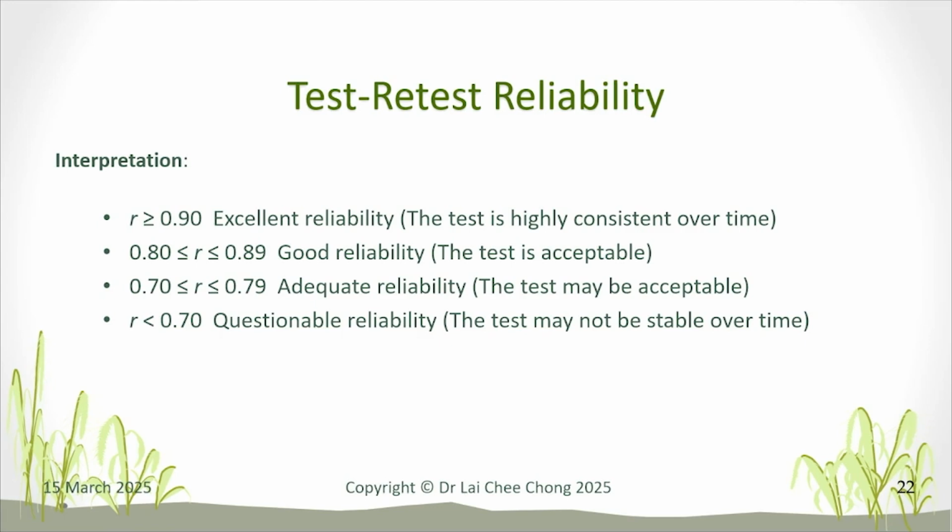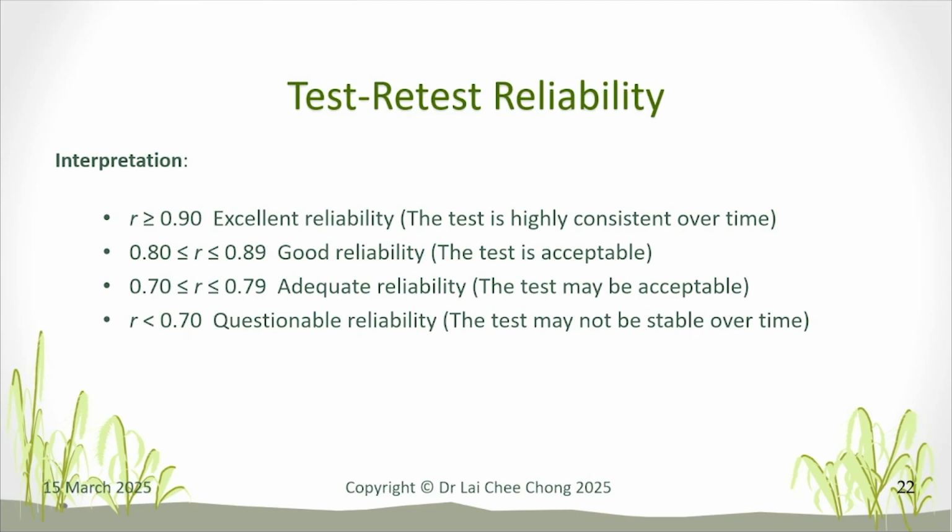If it is between 0.8 and 0.89, it is considered good, acceptable. Between 0.7 and 0.79 is only adequate, and the test may be accepted just about. But lower than that becomes questionable.